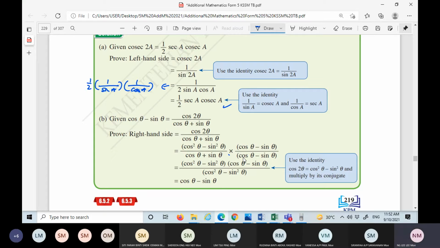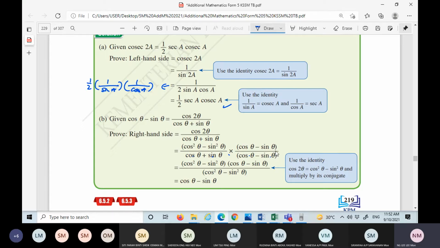So how do we continue? You see, this time this is what you're going to get. Cos times cos is cos square theta. Sine times sine is sine square theta. This time this is positive, this time this is negative, therefore they cancel off. So the denominator becomes cos square theta minus sine square theta.